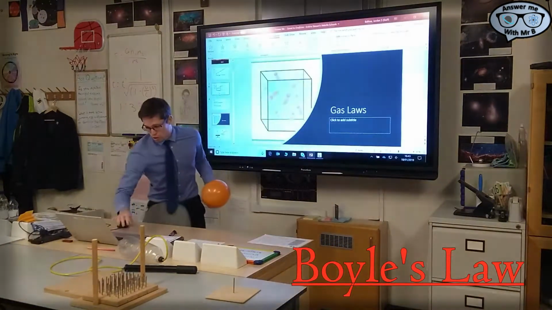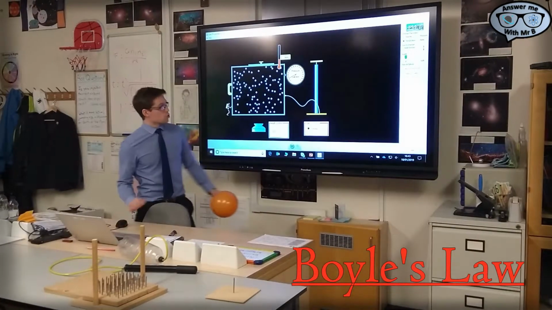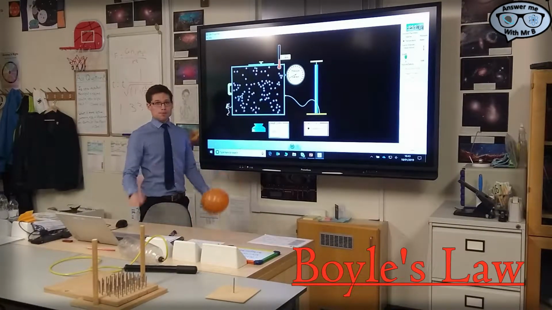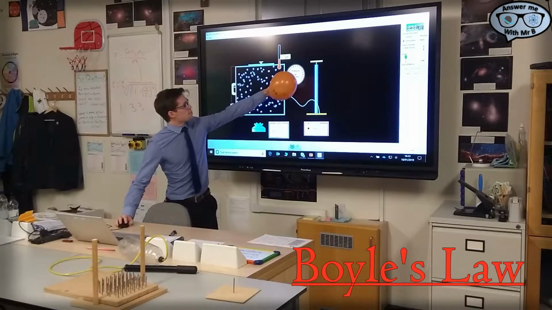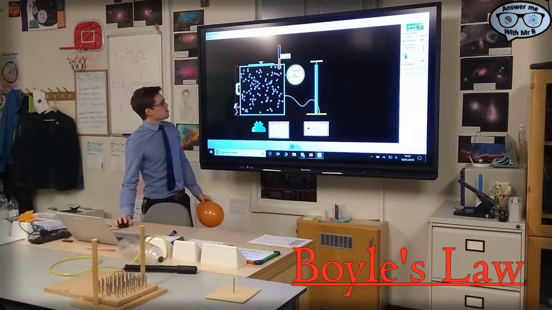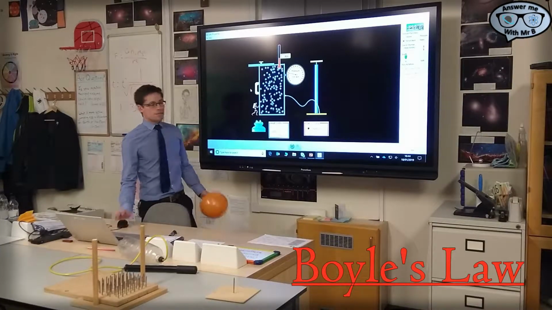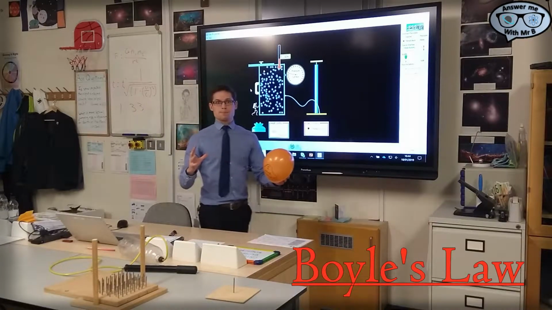I can show you how it works on the board as well. So here are the air particles inside the balloon. If I decrease the volume, you should see that the pressure dial over here increases because the particles are hitting the side of the container more often because they've got less space.